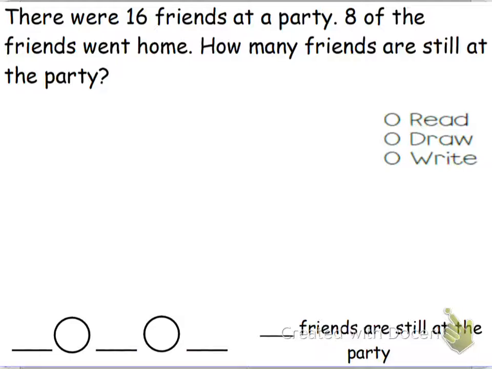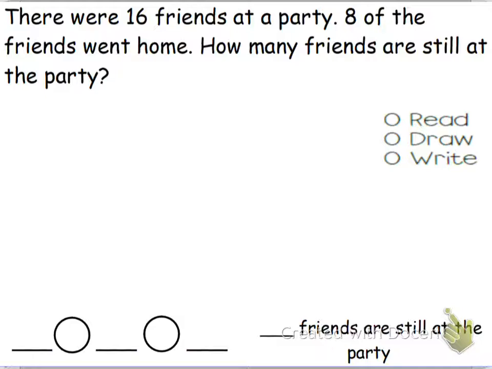So it says, there were 16 friends at a party. 8 of the friends went home. How many friends are still at the party? Alright, guys. I want you to think about what is going on in the word problem. Ask yourself, are we adding or subtracting here? Then chunk it and add a little bit to your tape diagram as you chunk it.